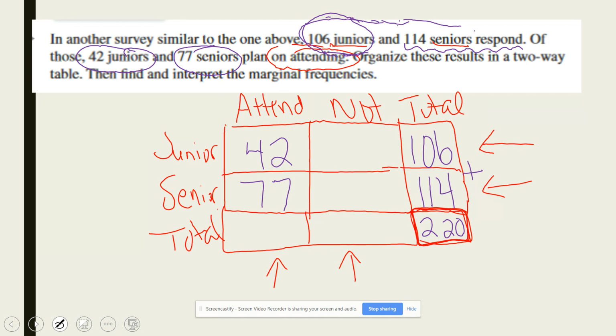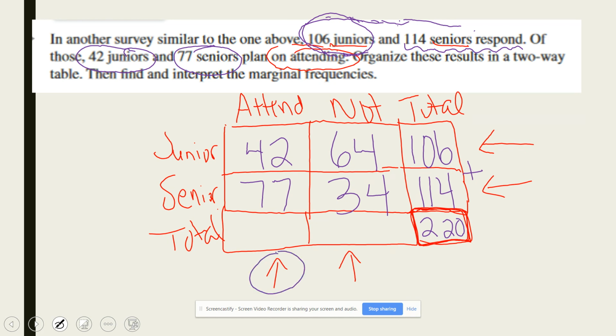So if I know 106 juniors answered and 42 are attending, if I subtract 106 minus 42, then I get 64 that are not attending. Same thing for the seniors. If I know 114 total responded and 77 said they were going, 114 minus 77 is 37.